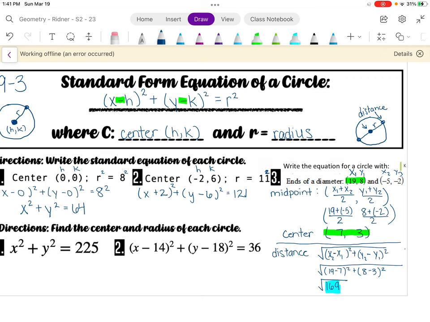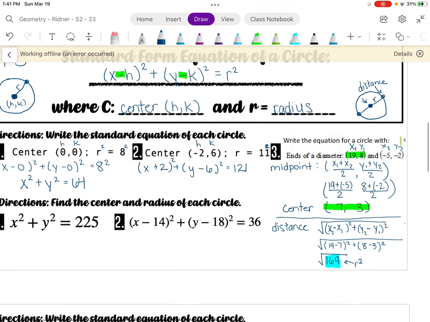That is actually r squared right there. So the last part here, my center was 7, 3, so (x - 7) squared plus (y - 3) squared equals 169. Okay.